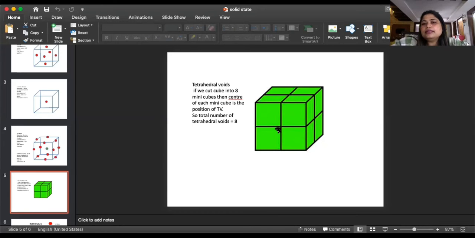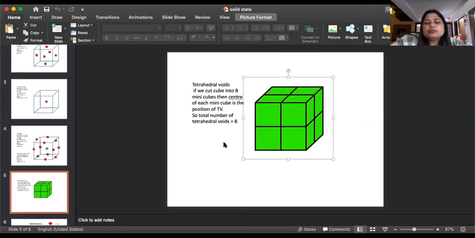Now you can easily imagine the position of the tetrahedral void. Because the tetrahedral void is inside the cube, there is no sharing of this atom with another unit cell. So the contribution of each tetrahedral void is 1 only. It means there are 8 positions, and the total number of tetrahedral voids we can keep is 8 only. I think now you can understand the position of octahedral void and tetrahedral void.